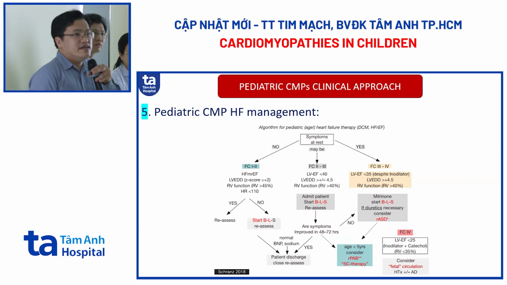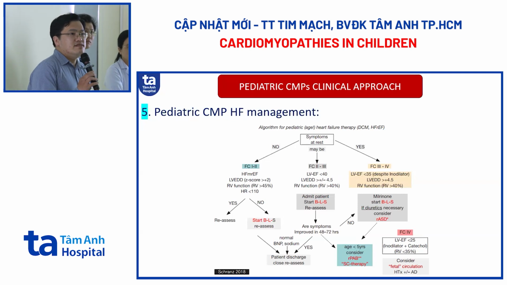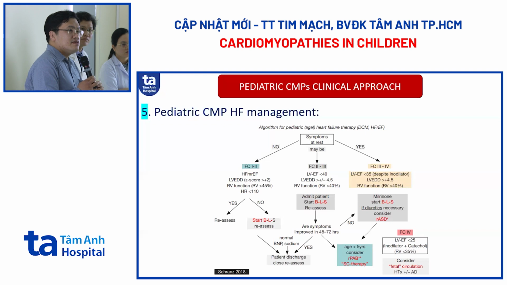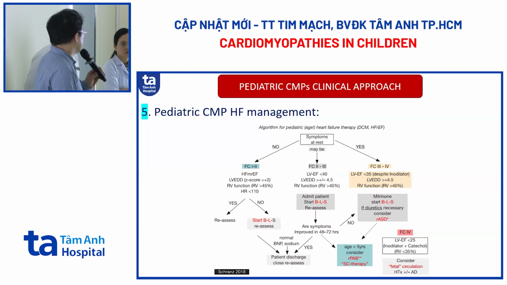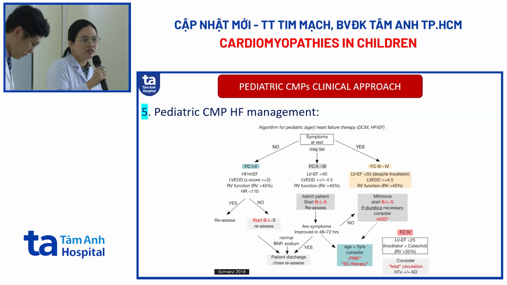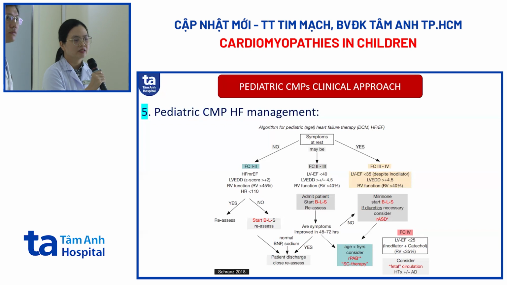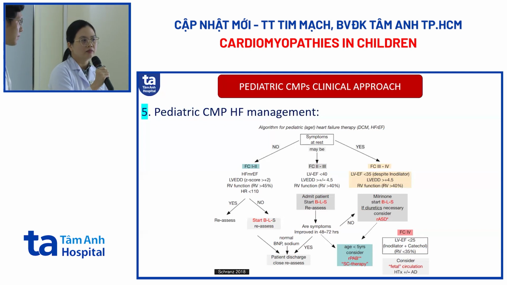Do you have any experience with sacubitril valsartan in the treatment of heart failure for patients? No. Okay, because that is very popular in adults, but in children, Dr. Thủy can share, because you have a few cases using Overio for treatment in children. That kind of medication is very important, and it has significant improvement in adults.